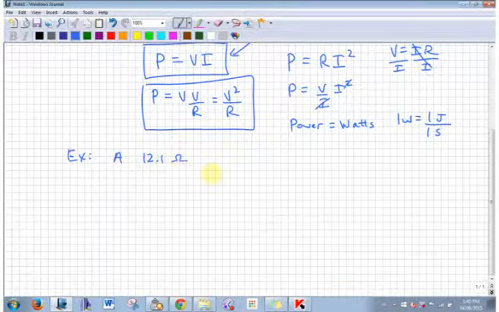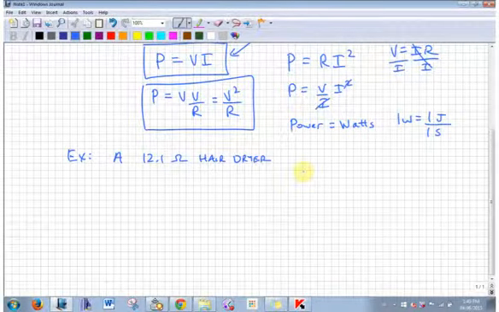12.1, what's that thing mean? Ohms, which is a resistance. What's this thing mean?